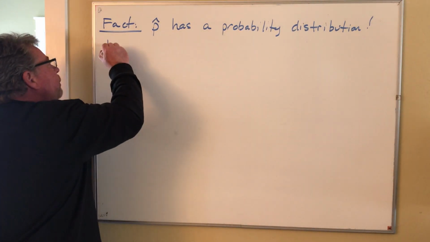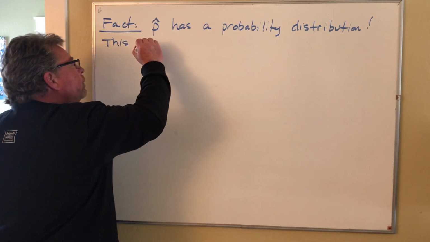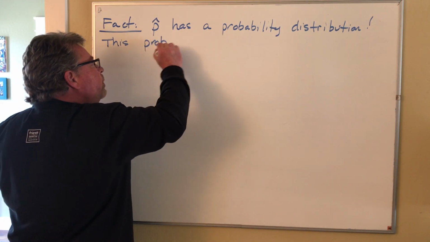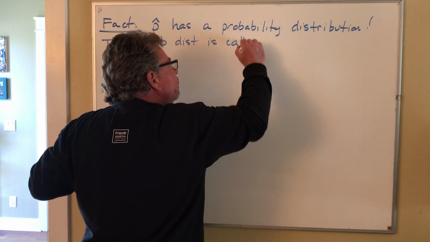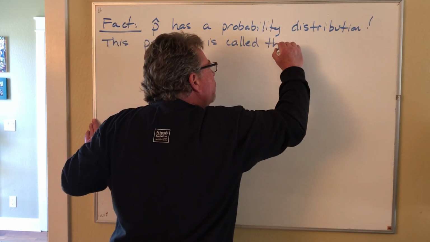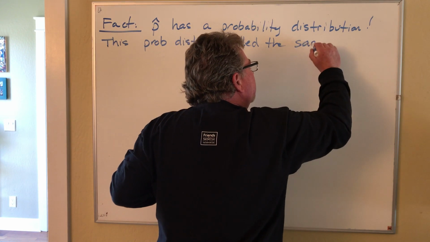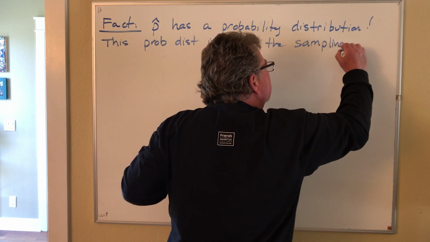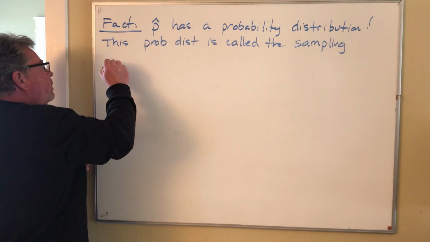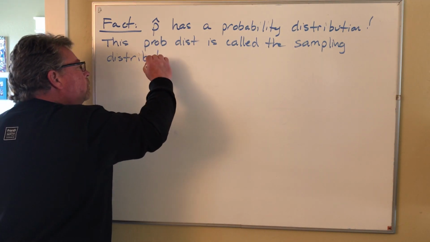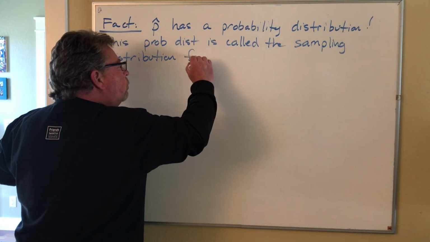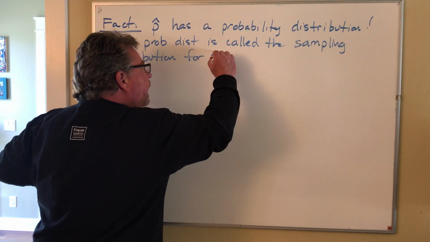And this probability distribution is called the sampling distribution for p hat.